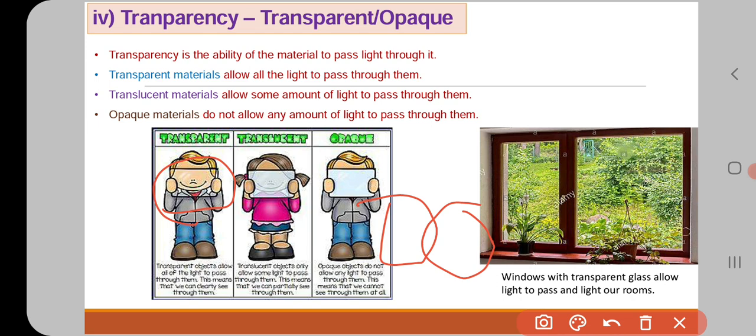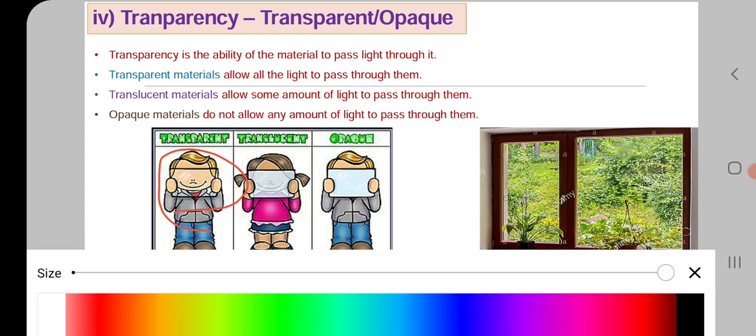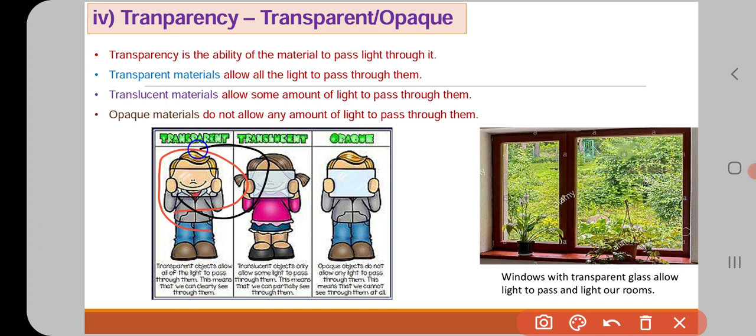What is translucent? This is transparent. What is translucent? Translucent materials only allow some light to pass through them.